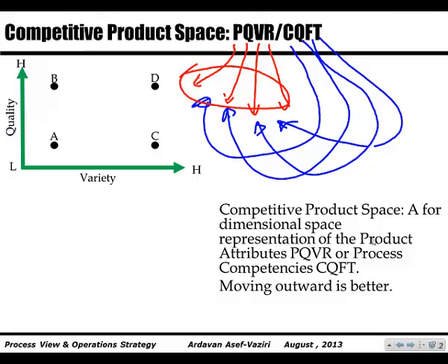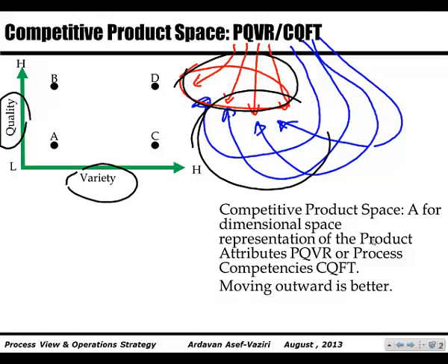Therefore, throughout the rest of our discussions, while we are talking about four-dimensional space, we only represent two of those dimensions. And we assume the other two dimensions, at least for the time being, are constant.